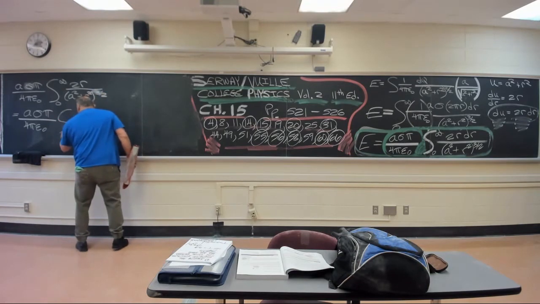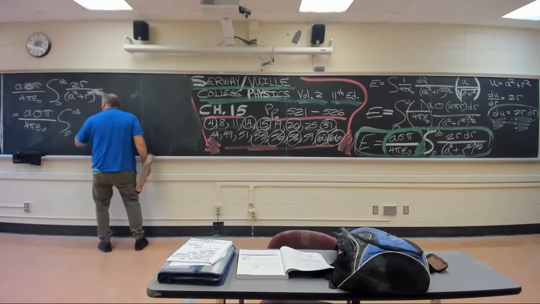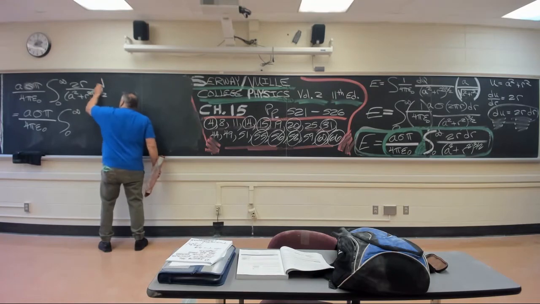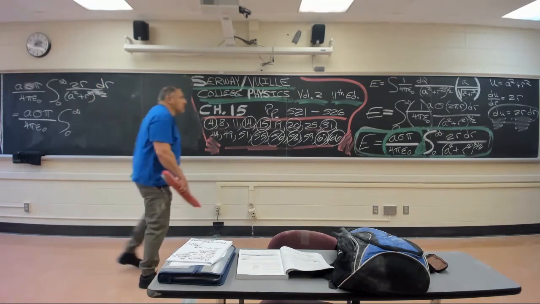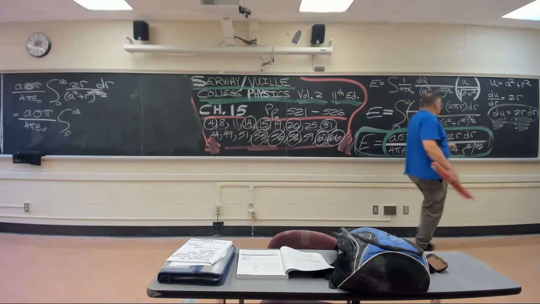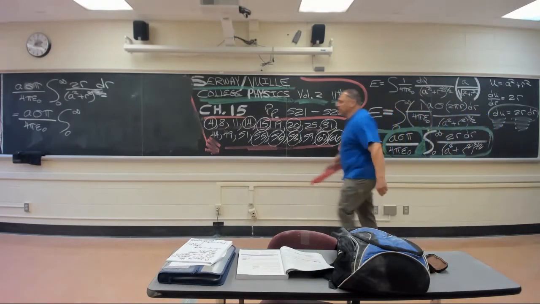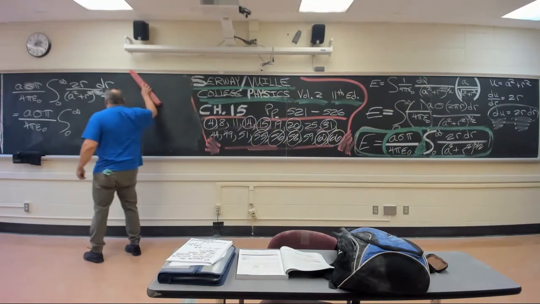The integral from 0 to infinity of, forgive me, there's a dr right there as well. You're doing the integral with respect to r, so sorry about that. That dr should have obviously been there.